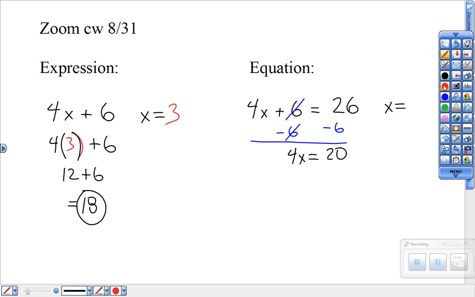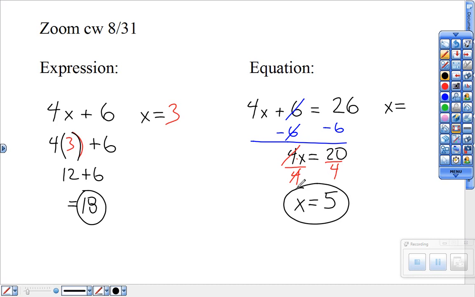Right here, this is 4 times x, so the opposite of timesing by 4 is dividing by 4 on both sides. That's how we show division. These 4s divide away into 1. Most people don't write 1x, they just write x at that point. And then that answer equals 20 divided by 4. That gives me 5. That is the only answer to this equation.